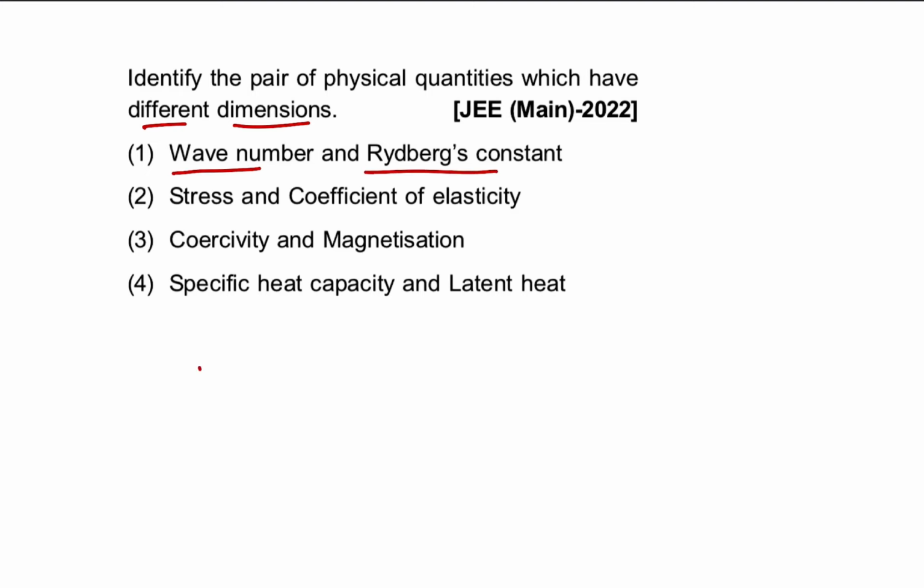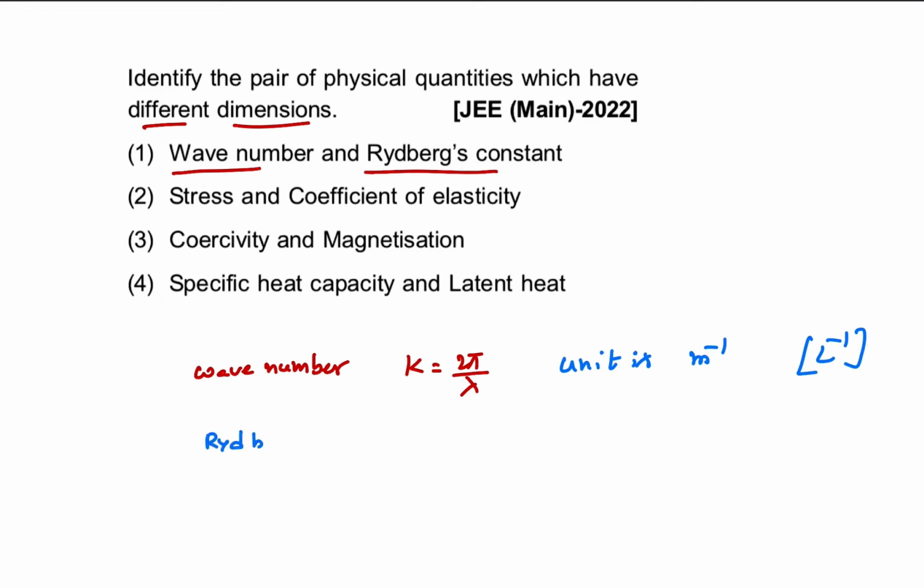Okay, wave number and Rydberg constant. Wave number is nothing but k is equal to 2 pi by lambda. The unit of this is meter minus 1. Dimension formula is L power minus 1. Next, Rydberg constant.